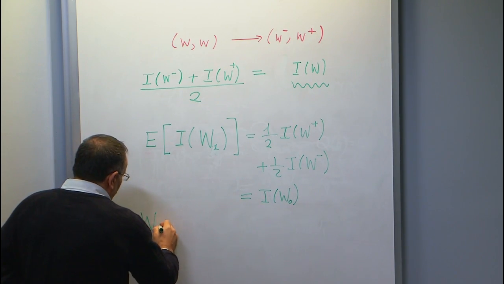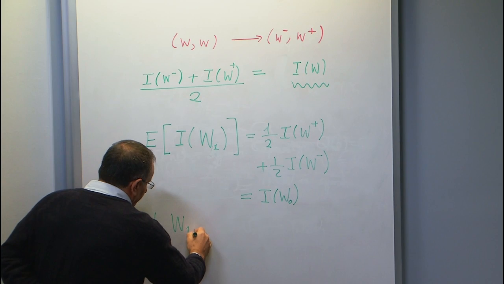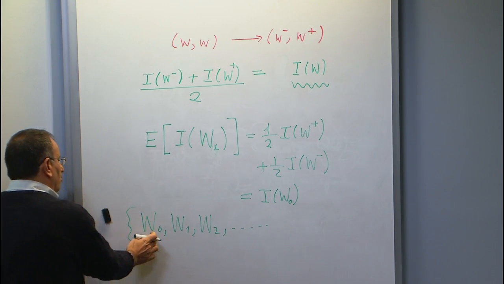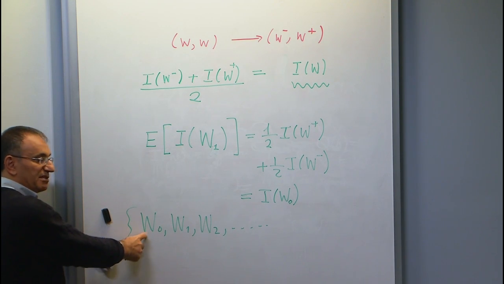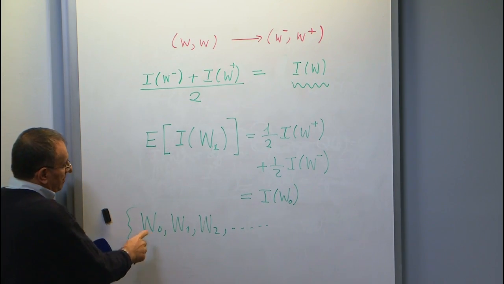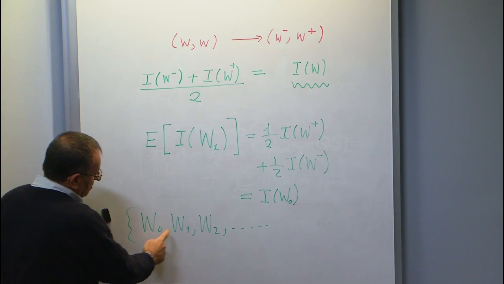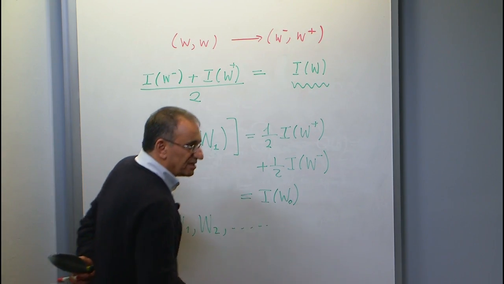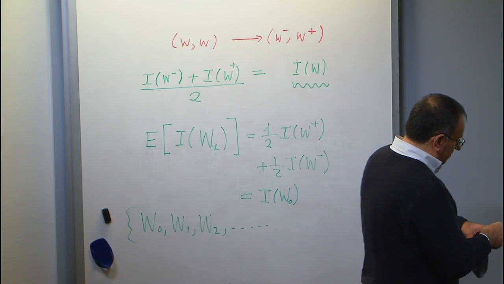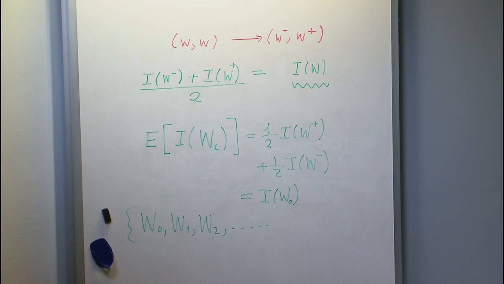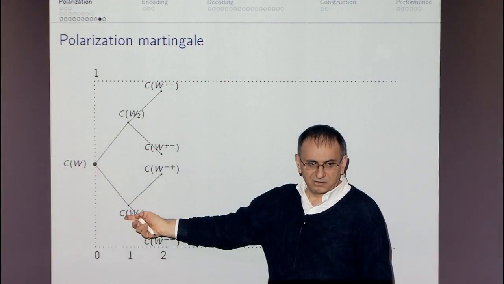I'm going to be constructing essentially a sequence like this, where I start at W, and then randomly go up and down. W2, for example, corresponds to a random choice at this level. W1 is either this one or this one.